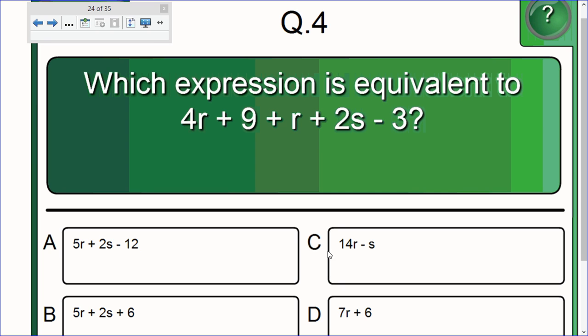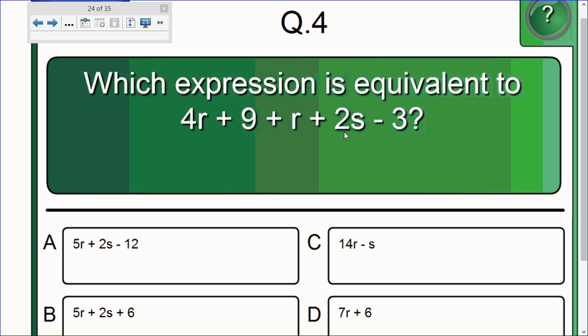So now, let's see. R could stand for like raisins. If I had 4 raisins and 1 raisin, that would give me 5 raisins. So I would look and see which one has 5 raisins, and I see B has 5 raisins, while D has 7 raisins. But let me take a look at this S. I have plus 2 sandwiches, or plus 2S.